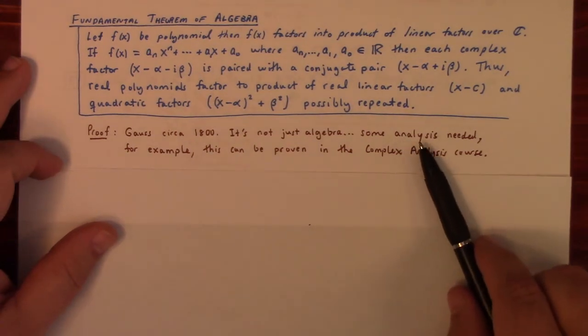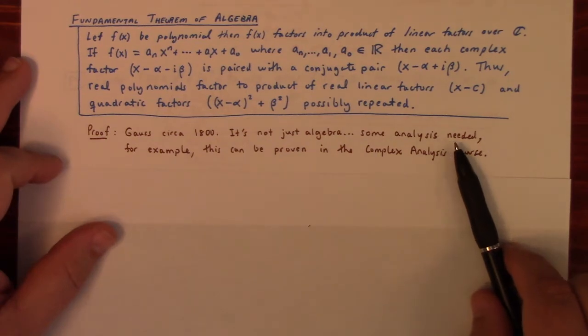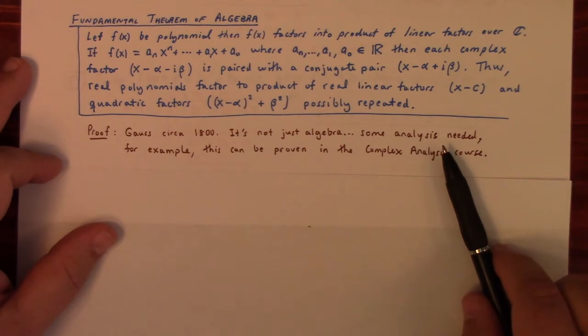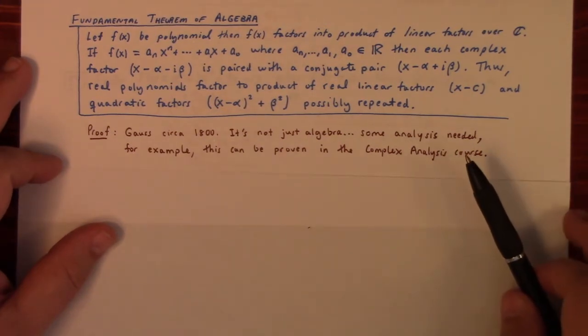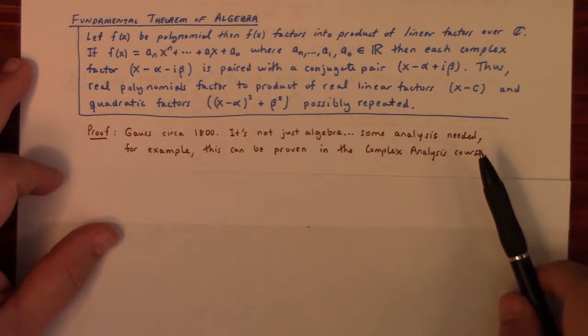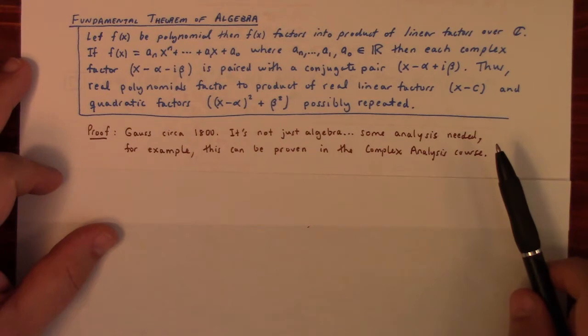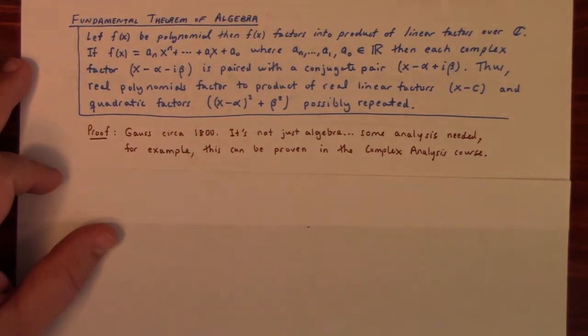The smallest amount of analysis I've seen used in a proof is one you can give in what's called Galois theory, where the analysis needed is basically just the intermediate value theorem. So that's pretty minimalistic. A proof which uses a lot less algebraic sophistication but much more analytic sophistication is found in complex analysis, which I'm teaching this semester actually.